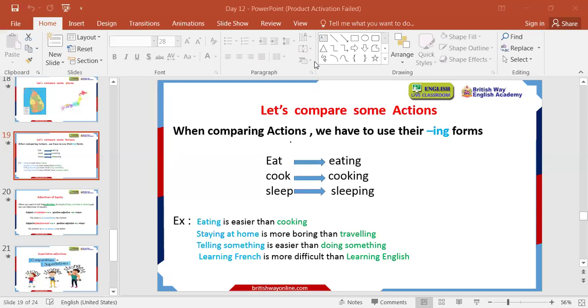Chewing is slower than drinking. Sitting is easier than standing. Breaking is easier than building. Jumping is higher than crawling. Writing is slower than typing. Okay, right. So is it clear how to compare the actions?